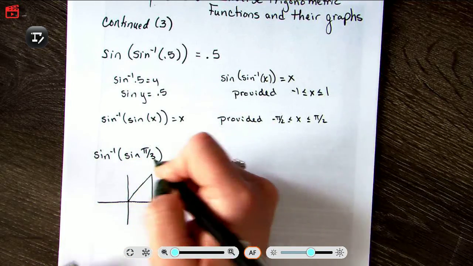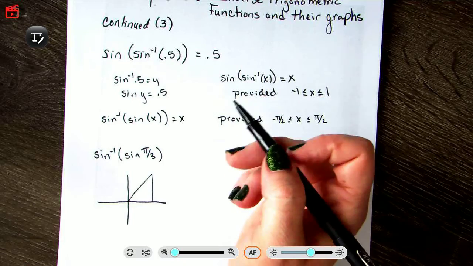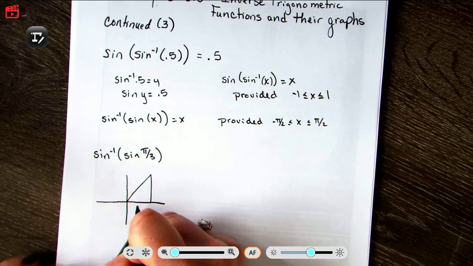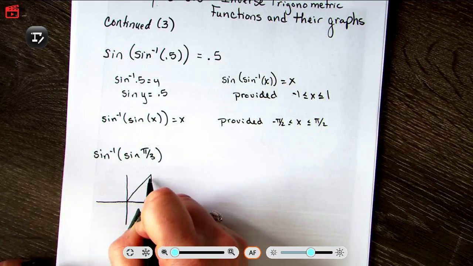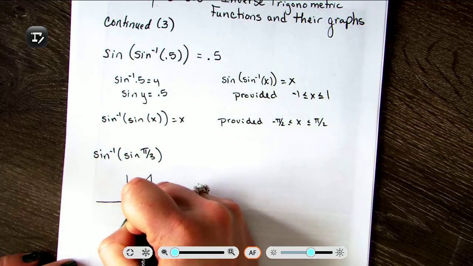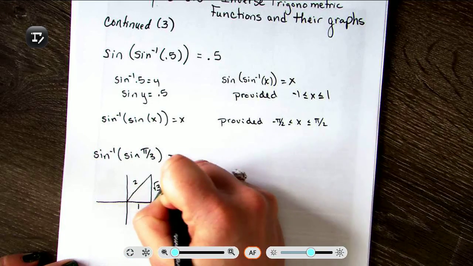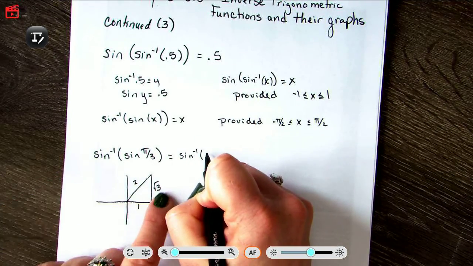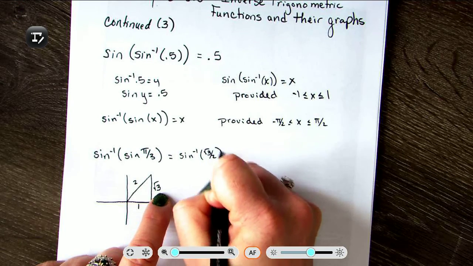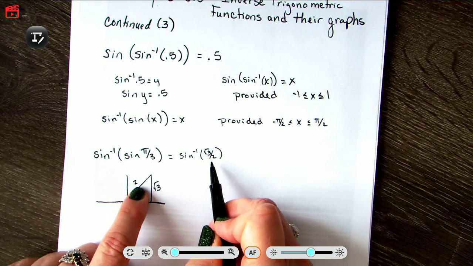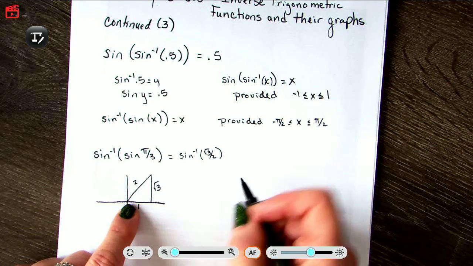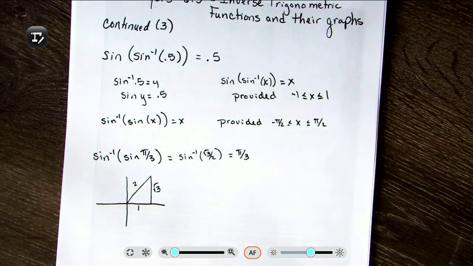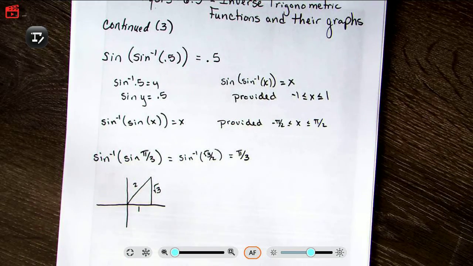It is a 60-degree angle. 60 degrees is that 1, 2, square root of 3. 60 is the biggest angle, so 30 is up here. So that means I'm looking for the inverse sine of square root of 3 over 2, or what angle gives me that sine? Well, pi over 3. So if I'm in this first quadrant, everything works out beautifully.